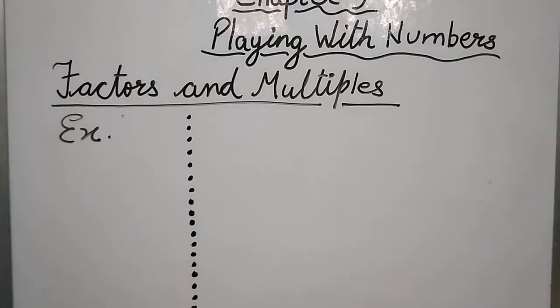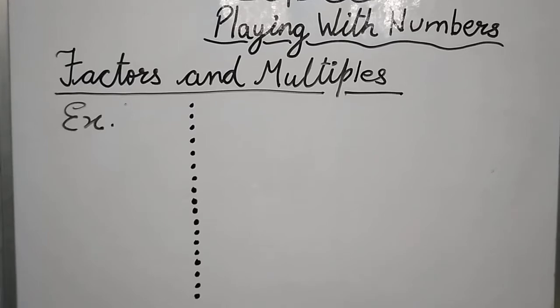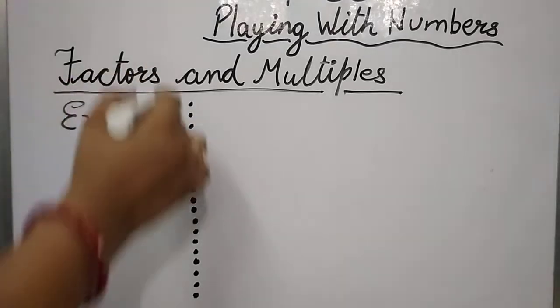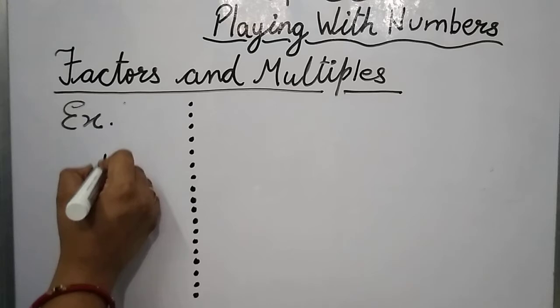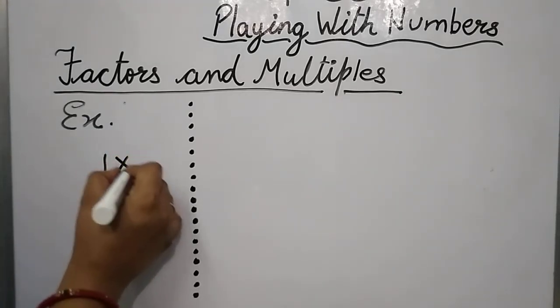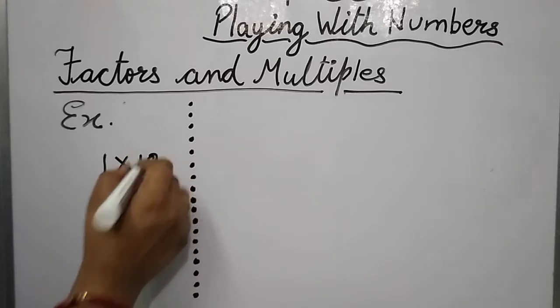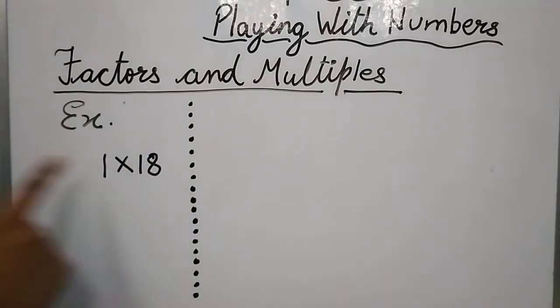So these are 18 marbles and one marble lies in each row. The total number of rows is 18. So this can be written as 1, the number of marbles, multiplied with 18, the number of rows. So this is one way.